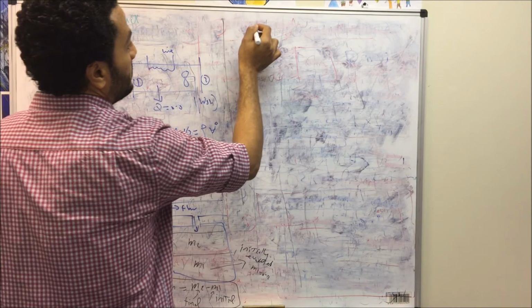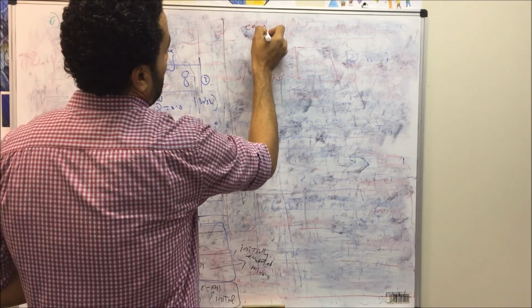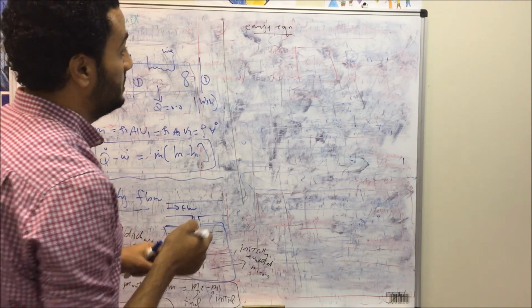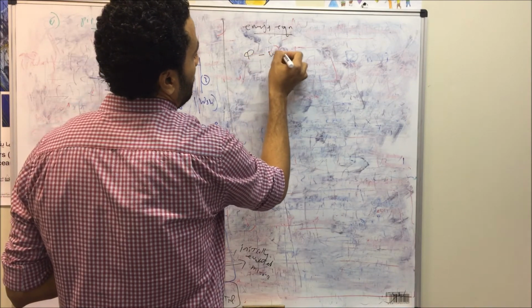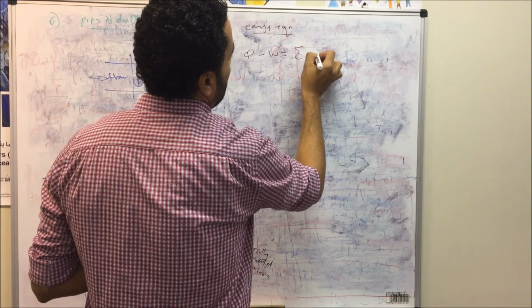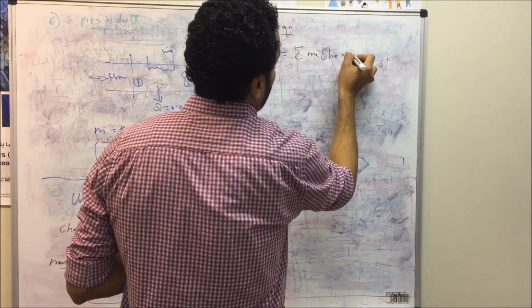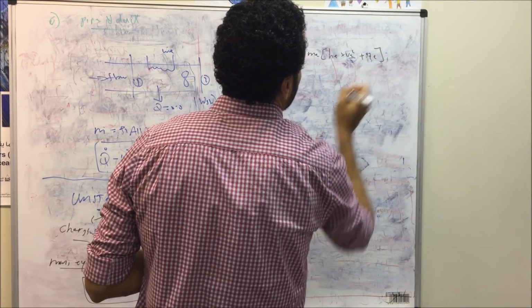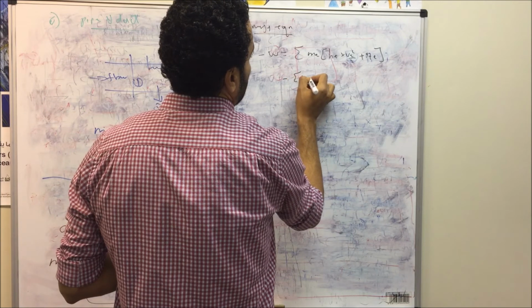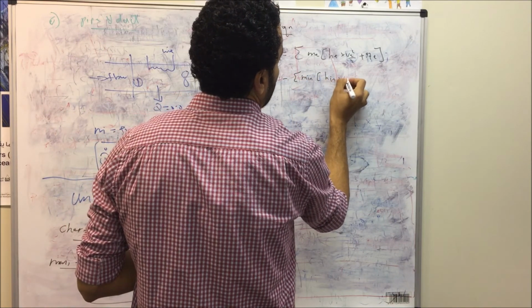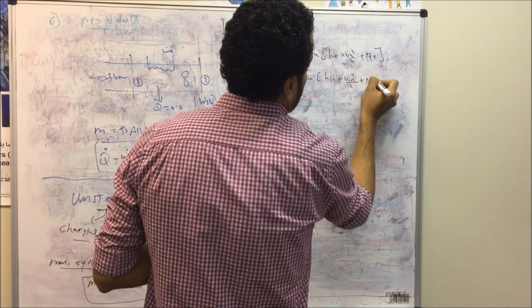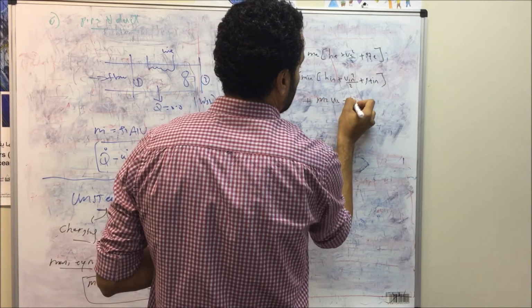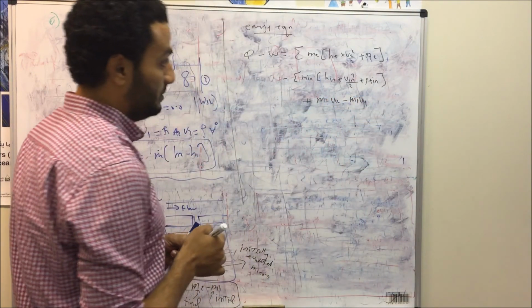This is regarding the mass equation. Let's consider the energy equation. I will write the total form of the energy equation. It will be Q minus work equal to the summation of mass exit multiplied by (H exit plus V exit squared divided by 2 plus GZ exit), minus the summation of mass inlet multiplied by (H inlet plus V inlet squared divided by 2 plus GZ inlet), plus, please don't forget, M2 U2 minus M1 U1, which is the change of energy of the system.